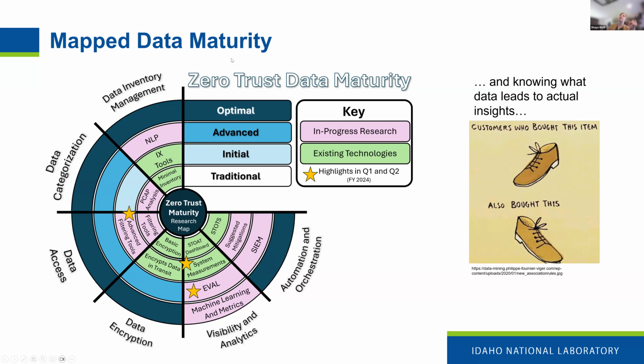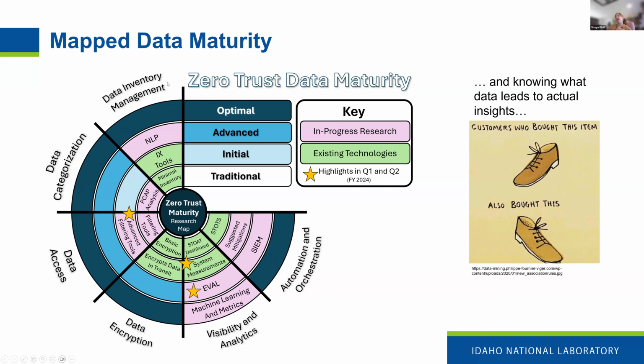That gives us a foothold into this initial area. On top of that, right now we're working on natural language processing to better understand the communication protocols there. And if done right, that will score us the advanced area.